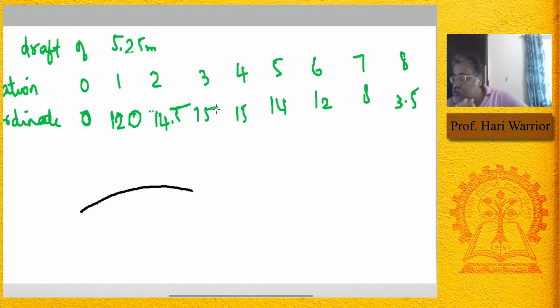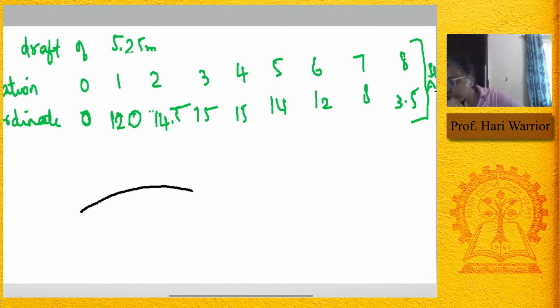Now the problem, and just like the last problem, where they made everything look a little more complicated, here they are saying that forward of station 8, there is an appendage second moment of area of 30 meter power 4. So beyond this, there is some second moment of area of 30 meter power 4.